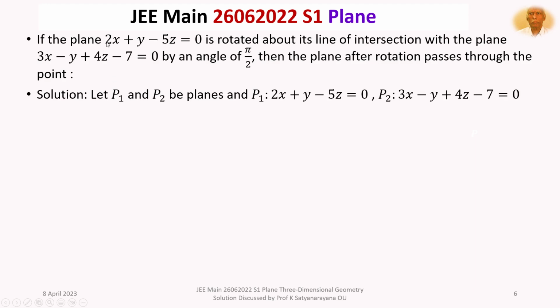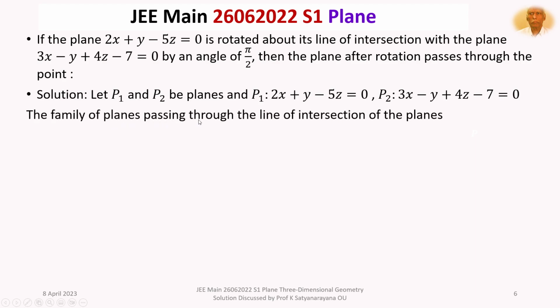Let us call the first plane P1 and the second plane P2. So P1 is the plane given by 2x plus y minus 5z is equal to 0, and P2 is given by 3x minus y plus 4z minus 7 is equal to 0. Then consider the family of planes passing through the line of intersection of the planes. Take the planes P1 and P2 and their line of intersection.